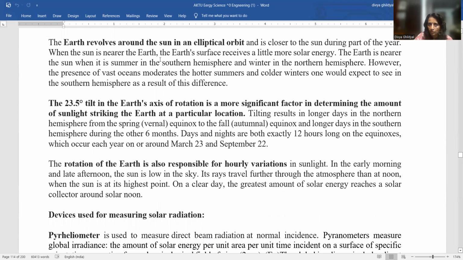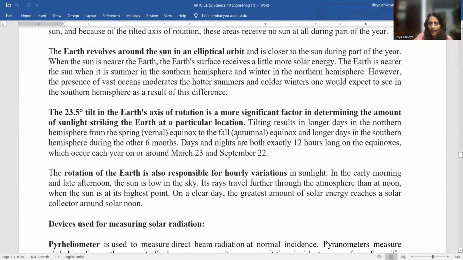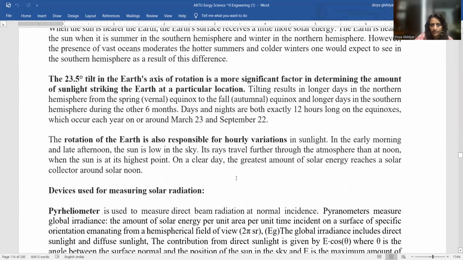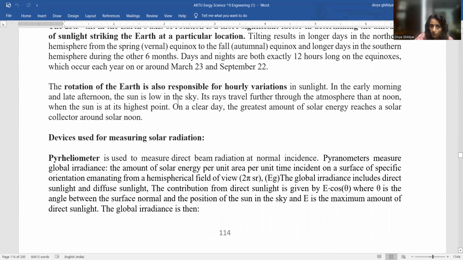The Earth is revolving around the sun in an elliptic orbit, and at times it comes very close to the sun during certain parts of the year, and at times it is further away. The tilting of the Earth on its own axis, and because of the rotation of the Earth, the hourly variations are also to be kept in mind.